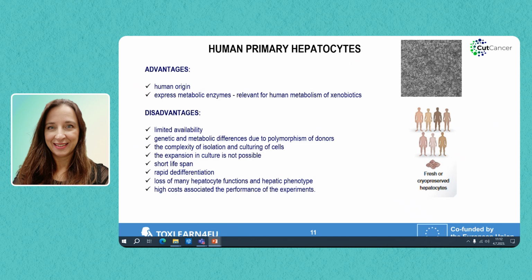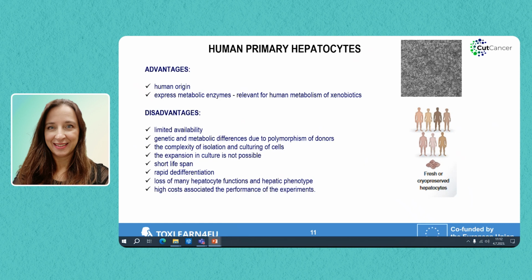Or we get liver material when there is an accident or shooting or something, from donors that cannot be donors for transplant, and we can use this material for research purposes. But there are huge genetic and metabolic differences between donors, due to polymorphism.